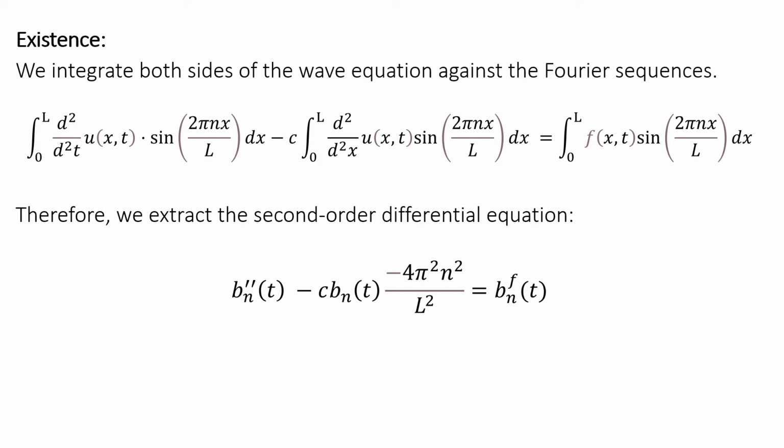The unknown function here is bn, which is a time-dependent function. We see there is a second derivative of bn, there are some coefficients, and on the right-hand side, the data of the problem is a time-dependent term, bfn, which we assume is known because that's part of the data. So it remains to solve the second-order differential equation.